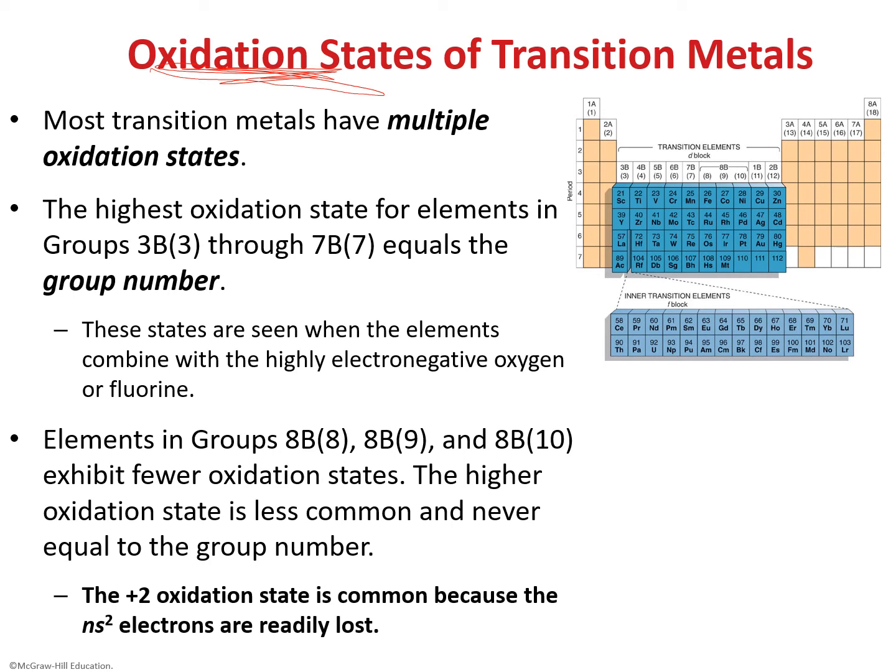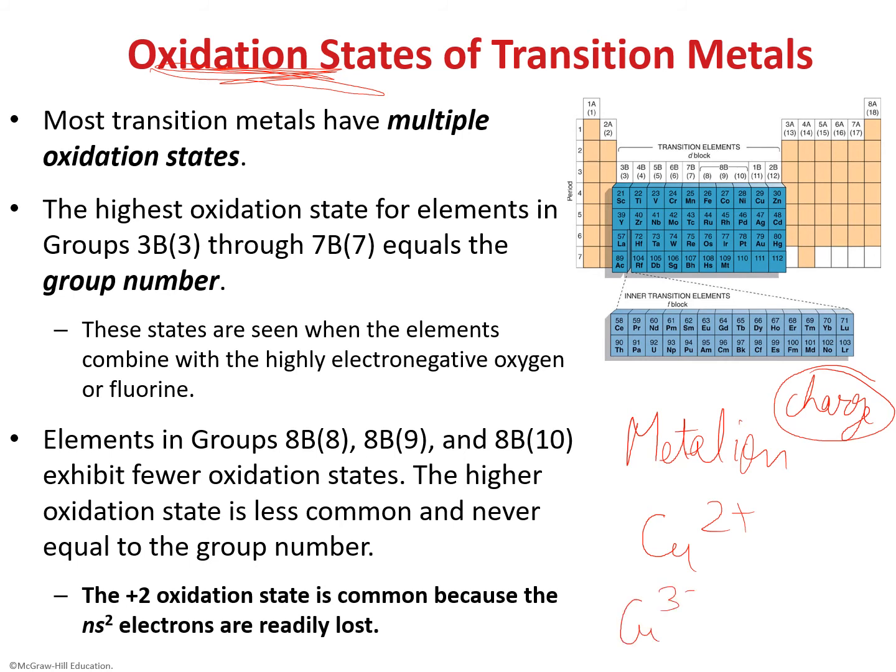So if I have a metal ion, whatever is the charge on the metal ion, which is always going to be a positive charge, that is going to be the oxidation state of that particular metal. So for instance, if I have copper 2 plus, what is the oxidation state of copper here? It's 2 plus. If I have copper 3 plus, the oxidation state is 3 plus.